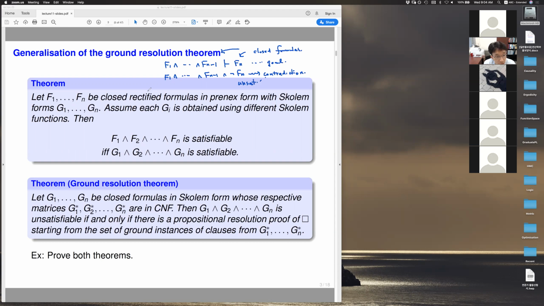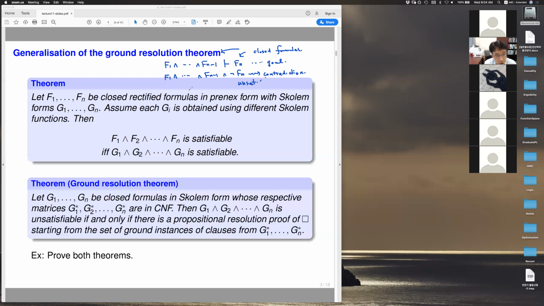Together they provide a semi-algorithm to answer this question. Because it's a semi-algorithm, it works when the formula is unsatisfiable, but if it's satisfiable, we can't prove this, and the algorithm may go into an infinite loop. Actually, the naive version of the algorithm always goes into an infinite loop.